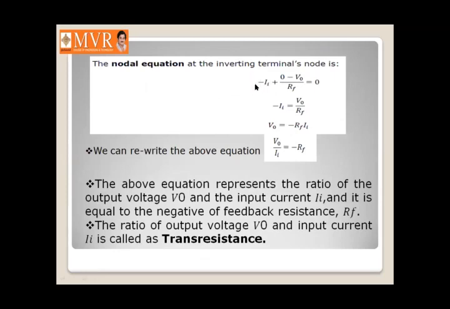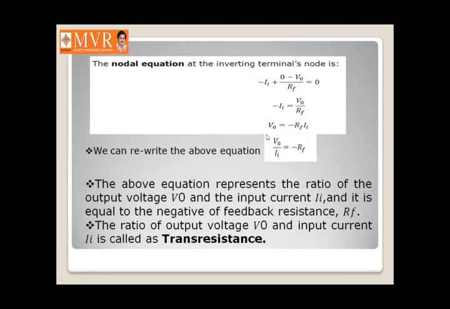As the current is entering, we go in the opposite direction with respect to the current. That's why we write this minus symbol here, and then 0 minus V naught divided by RF, as the voltage at the inverting input node is 0. So minus II is equal to V naught by RF. V naught is equal to minus RF into II.